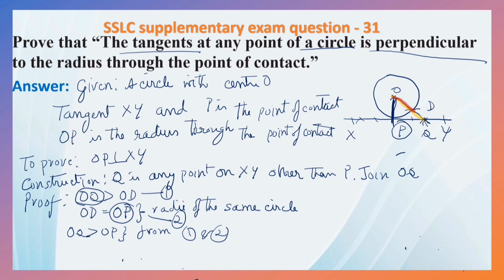If Q is here also, OQ is greater than OP. Here also OQ is greater than OP. So we can conclude that OP is the shortest distance from the center to the tangent.